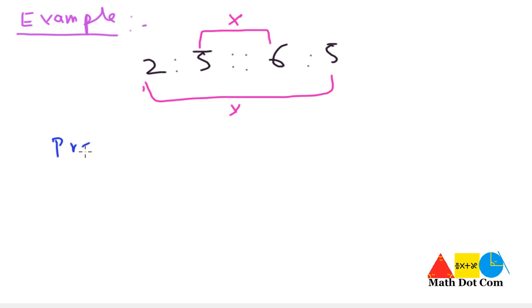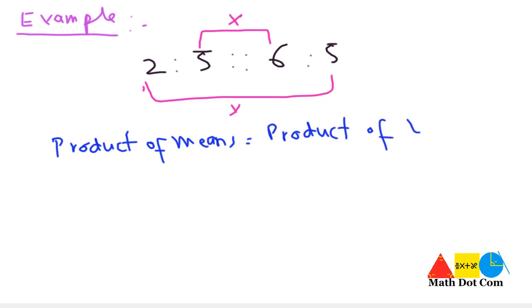Let's write it as product of means equals product of extremes. It can be written as 5 into 6 equals 5 into 2. It's 30 and it's 10.